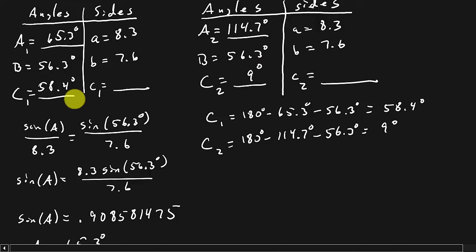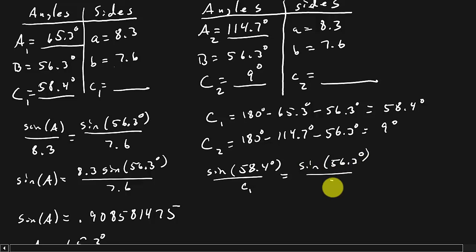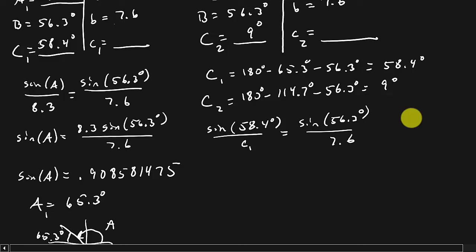Okay. And then we can find side C1. To find C1, we'll use angle C1 and angle B inside B. So I've got sine of 58.4 degrees over C1 is equal to sine of 56.3 degrees over 7.6. And so C1 moves up.